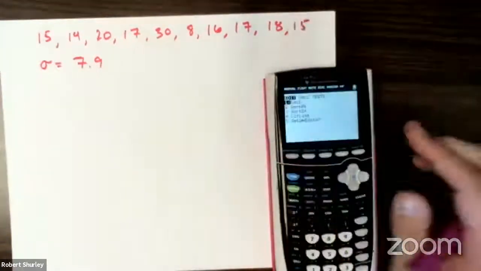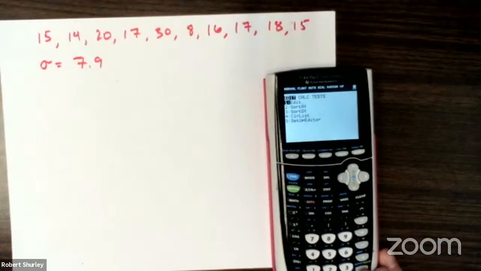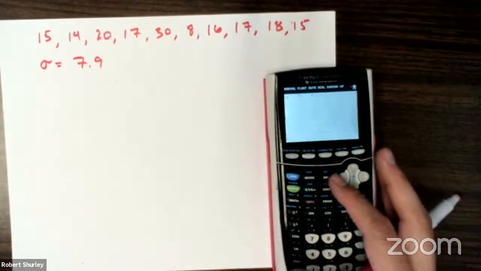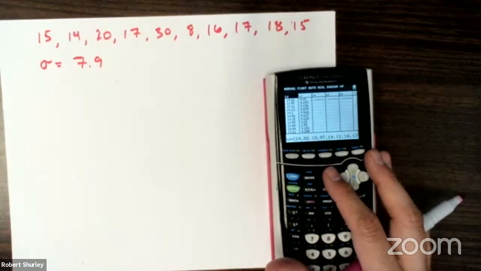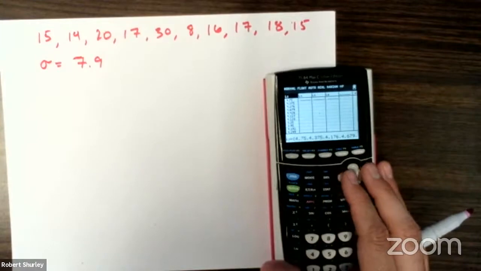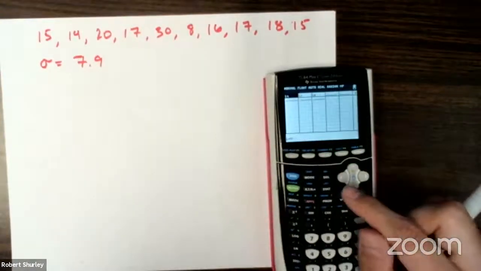from the data now, or from the list. So first off, we've got to make a list. Remember, it was stat edit, and I'm going to make this list 1. Delete. Oh wait, how do I add in there? Apparently, I'm going to make it list 4. Can I change that? Hold on.